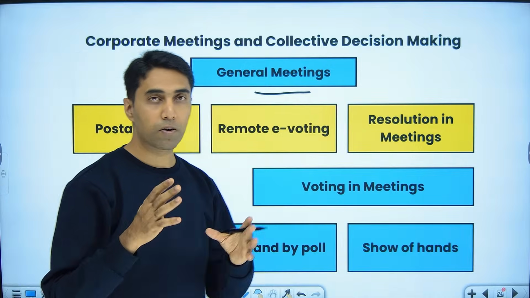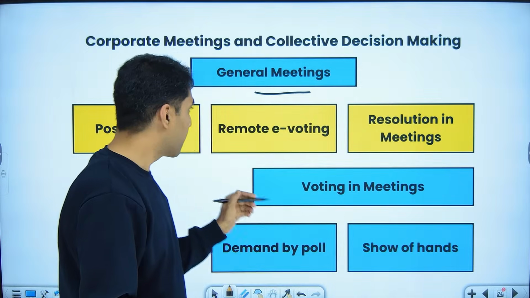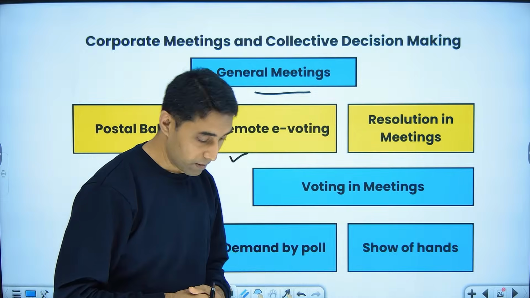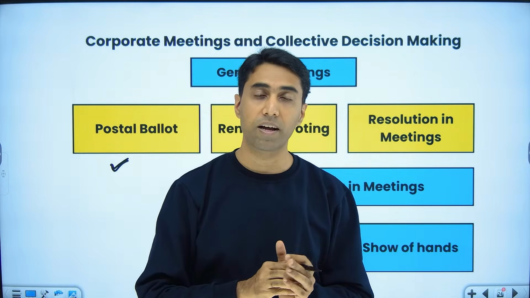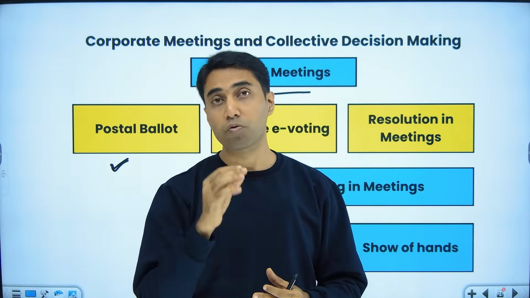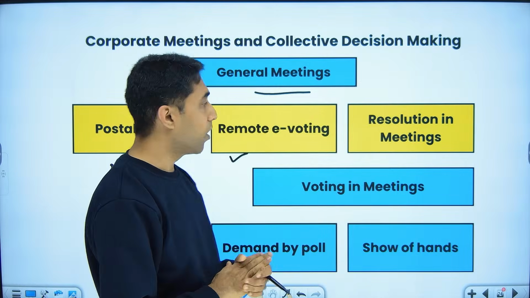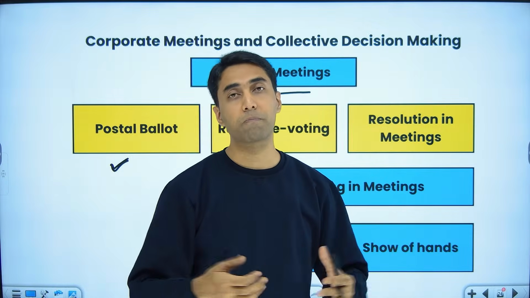That is, email goes to everyone and they need to respond with their decision on a certain matter. Then you have remote e-voting. Remote e-voting is not postal ballot. It is slightly different, where there is a website given, and on that website we need to vote on our decision on that matter. This will ensure more and more people participate.